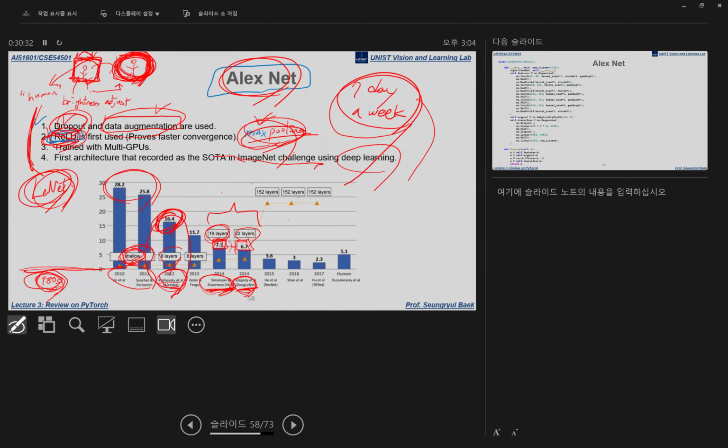They wanted to increase the depth, the number of layers, of the deep architecture. The first AlexNet had only 8 layers, and later they tried to increase the depth, but they were somehow bounded to around 20 layers.